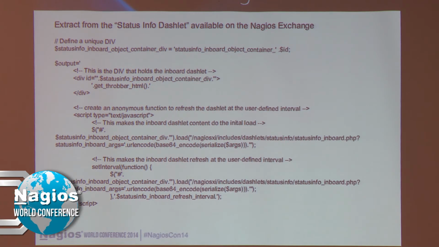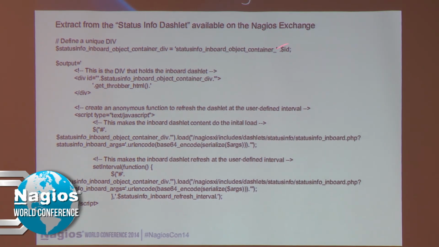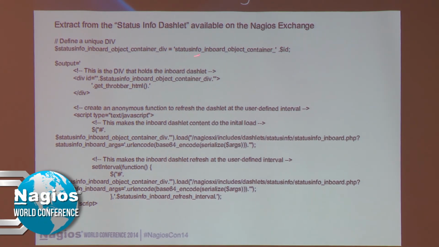Rather than having a separate JavaScript file, I know this $ID is my unique value for each dashlet, so I'm calling the div object itself a unique number. Then with this countdown timer, I want to load that div. I know what that unique div is now, so I'm going to load it on load, and then I've got a set interval function that does the counting. Somewhere else I've got the interval defined, so every 7 minutes it's going to perform that load action again on that div dashlet.